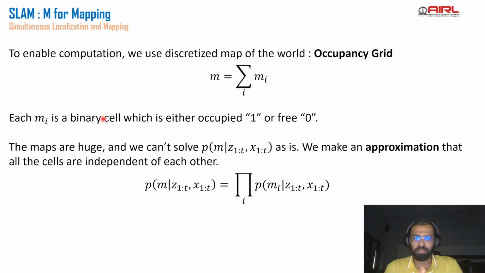And now the problem is the maps are huge. So if you put a conditional dependency of a map with all the nearby cells, it will make things computationally quite hard, right? So what you do is you make an approximation, like how we're doing for other things. Make an approximation that cells are independent of each other in this occupancy grid. Cell at 1,1 does not depend on what the cell at 2,2 is doing.